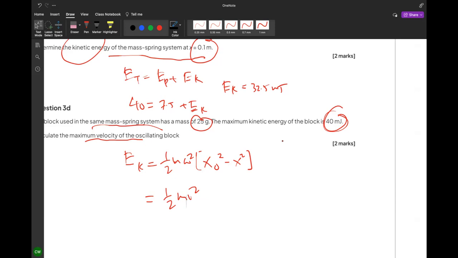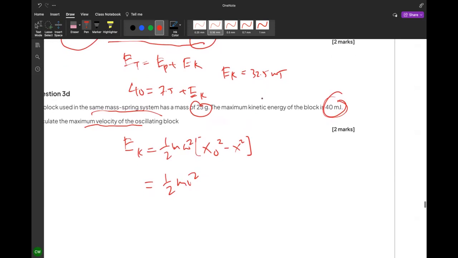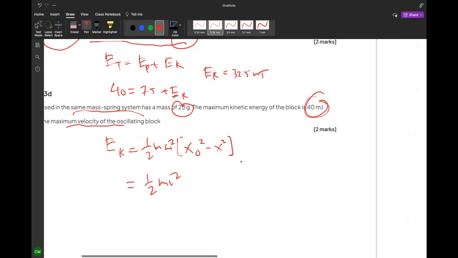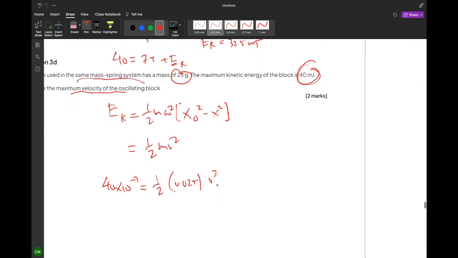Anyone know the answer? Maximum. The mass of the system, V square. So V naught is 1.79, correct?